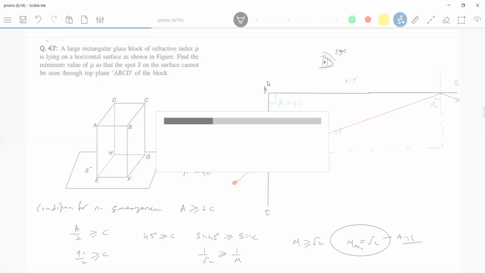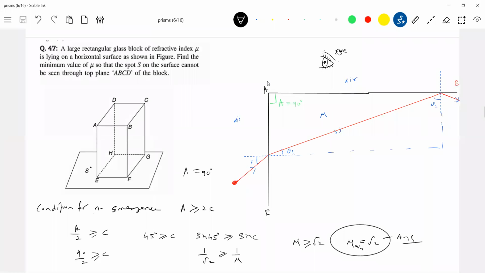Okay, fine. So do take help of the ideas, what all you have studied. You should know how to apply them in different situations. Or else, what happens? You can also do it by another method. Apply Snell's law here: sin i is equal to mu sin theta 1. Then here the condition for critical angle: theta 2 should be greater than or equal to the critical angle for it to undergo TIR at the surface AB.